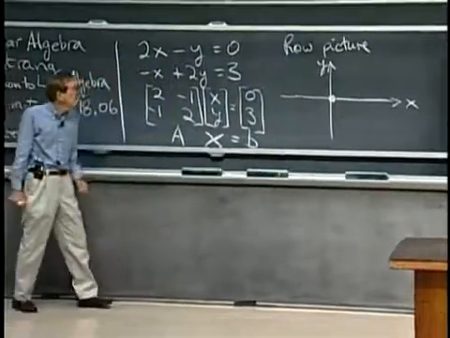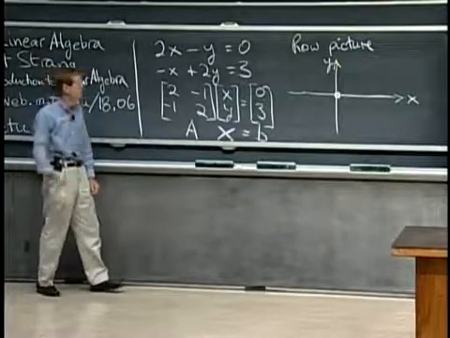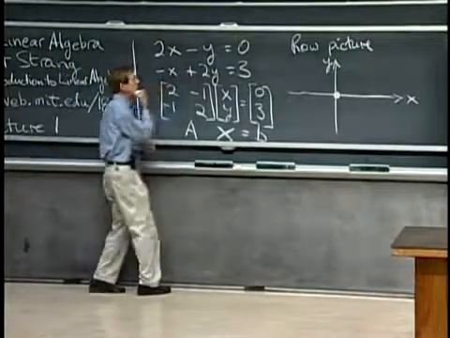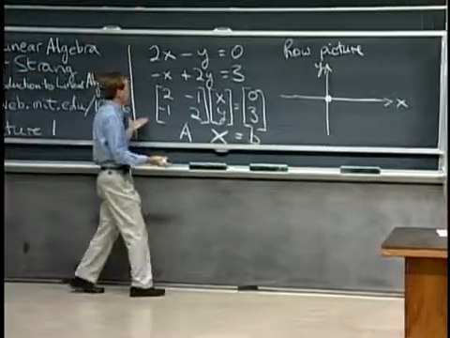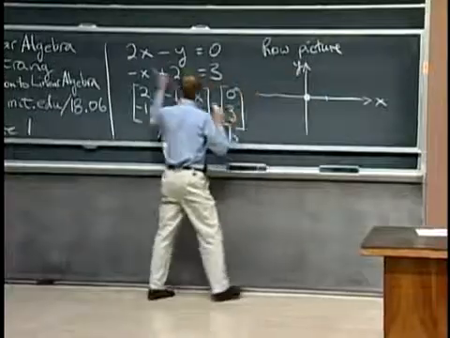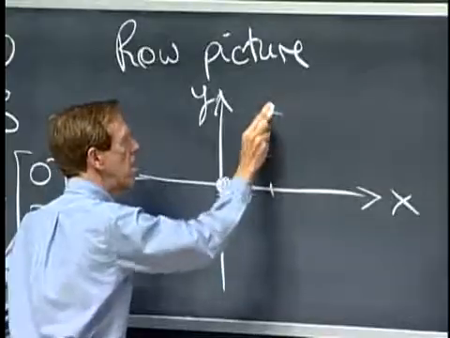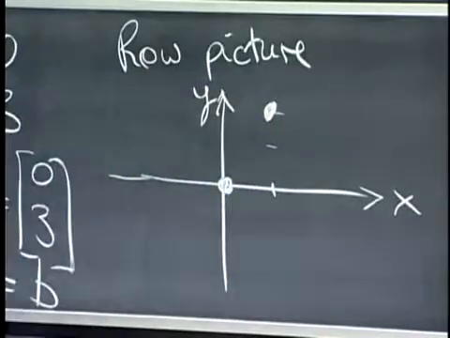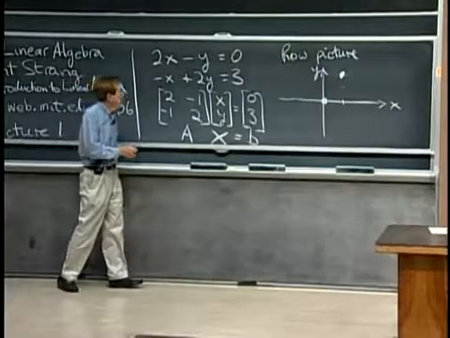So the point, the origin, the point with coordinates 0, 0, is on the line. It solves that equation. Okay, I have to tell you another point that solves this same equation. Let me suppose x is 1, so I'll take x to be 1. Then y should be 2, right? So there's the point 1, 2 that also solves this equation. And I could put in more points.